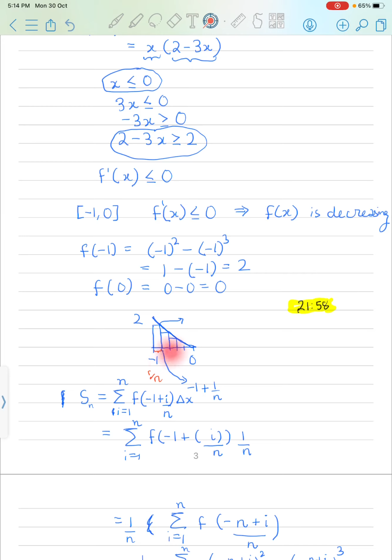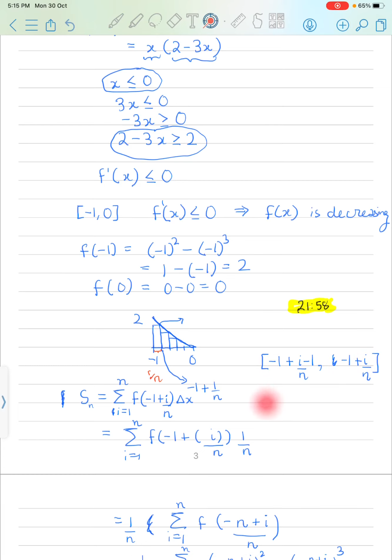The second part will be minus 1 plus 2 by n, and so on. So the ith rectangle will be from minus 1 plus (i minus 1) by n to minus 1 plus i by n. So this is our rectangle.